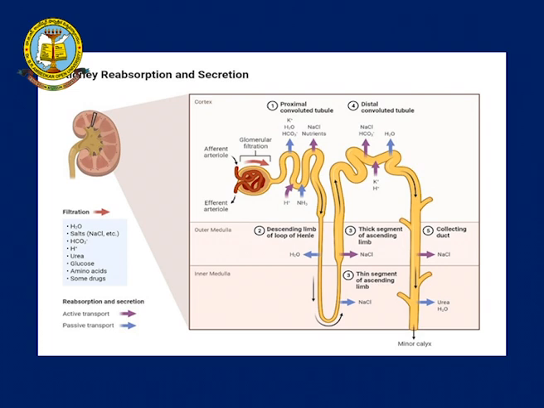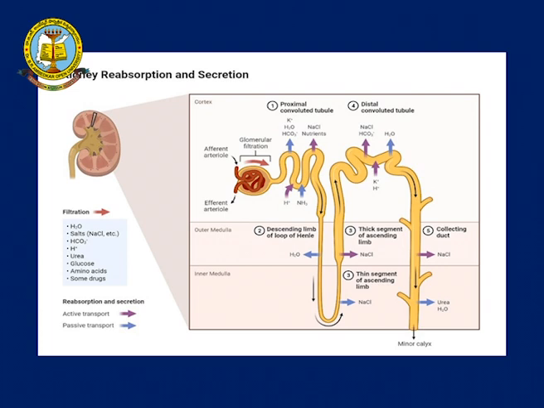When the water comes outside, the substance becomes concentrated. This region is called the descending limb of the loop of Henle, and it is a very small region compared to the proximal tubules.